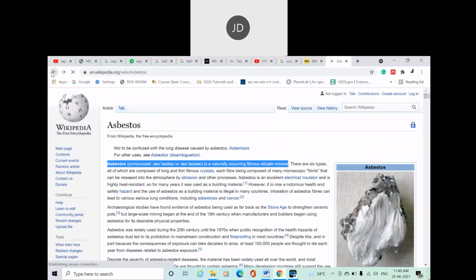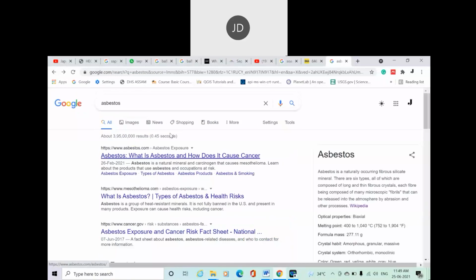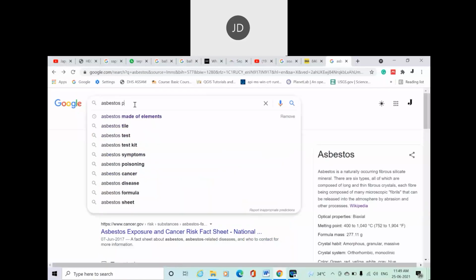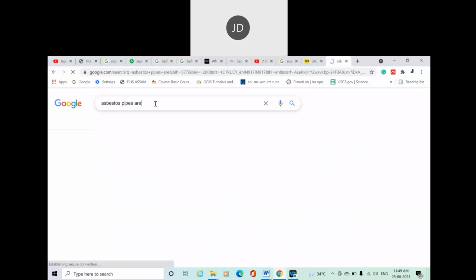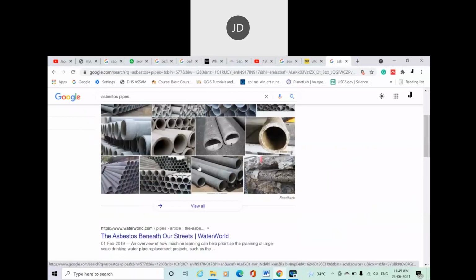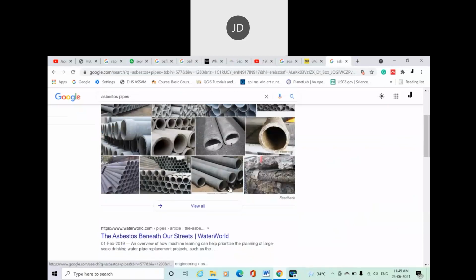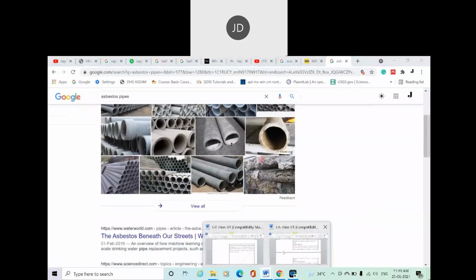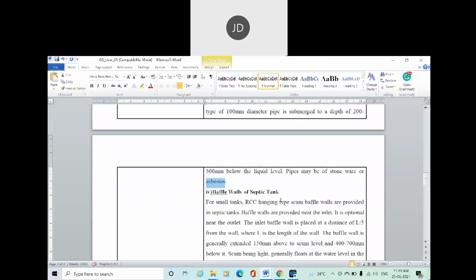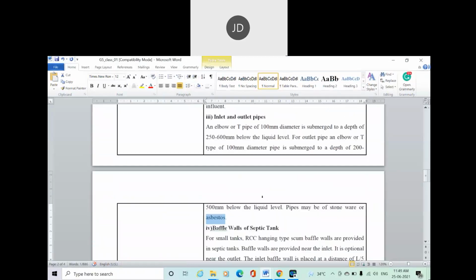This is the same thing. Here you can see this is an asbestos pipe that can be used as an inlet or outlet pipe in a septic tank. So this is all about your pipes, inlet and outlet pipe.